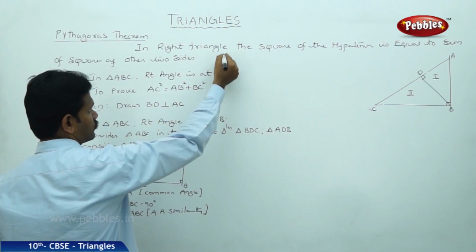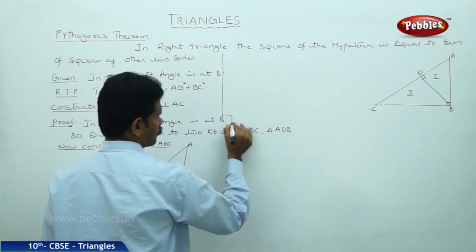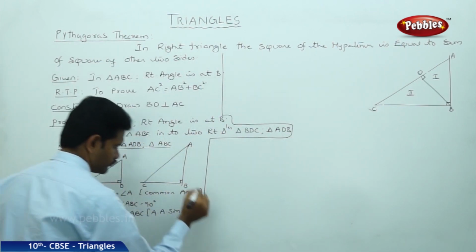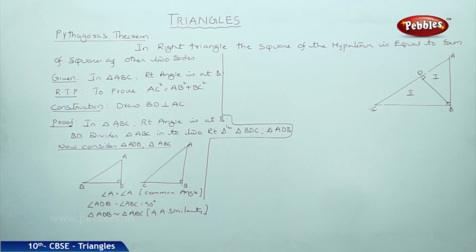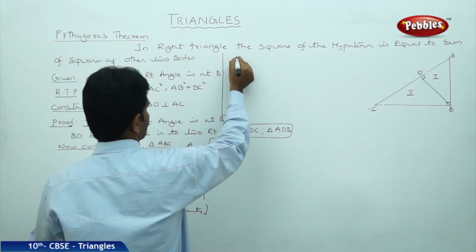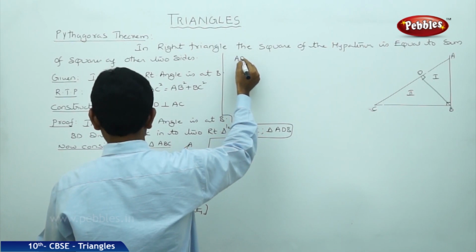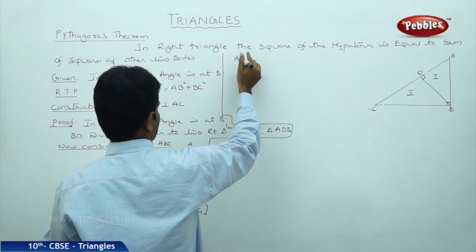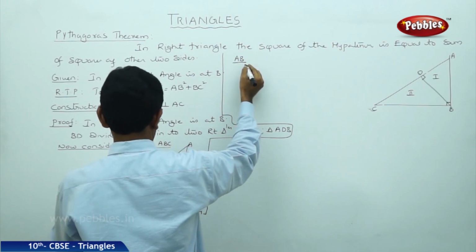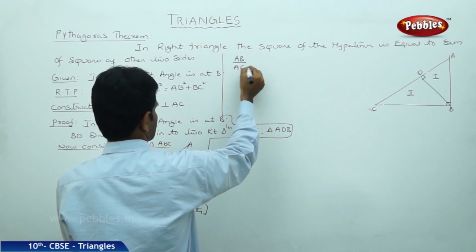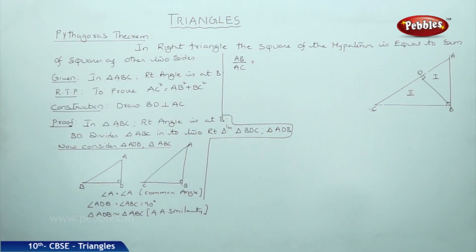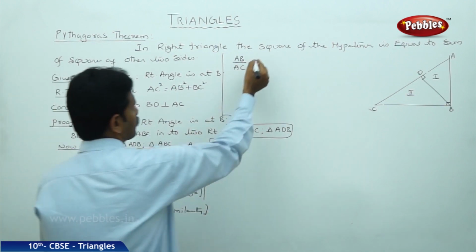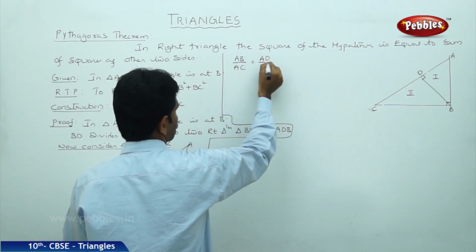Now from these two triangles, compare AB by AC is equal to AD by AB.